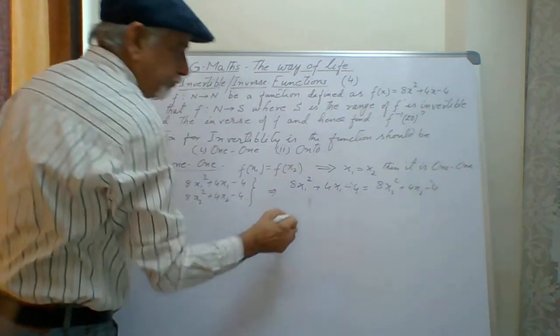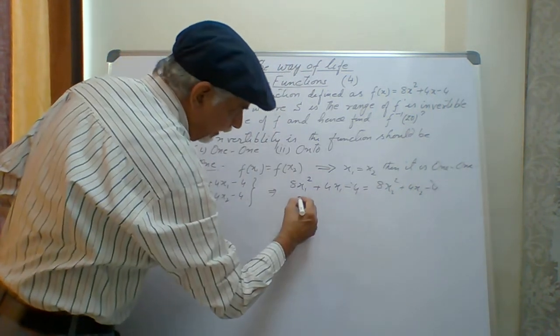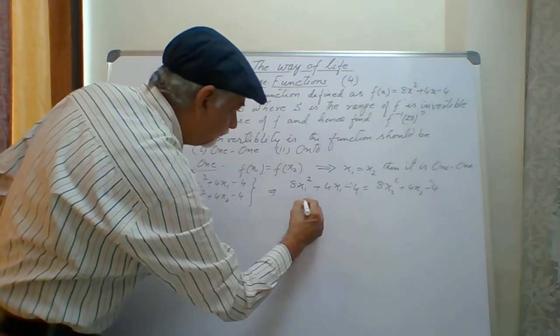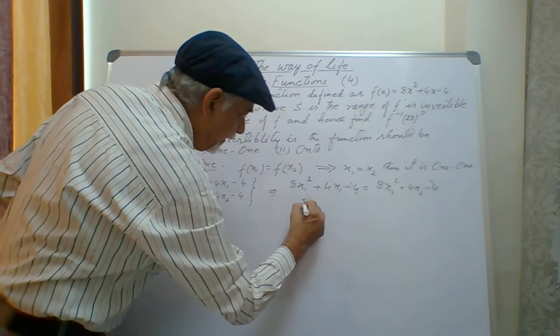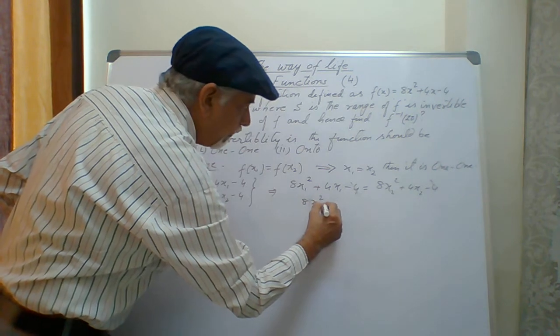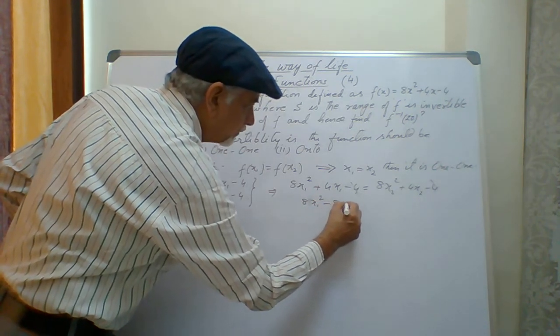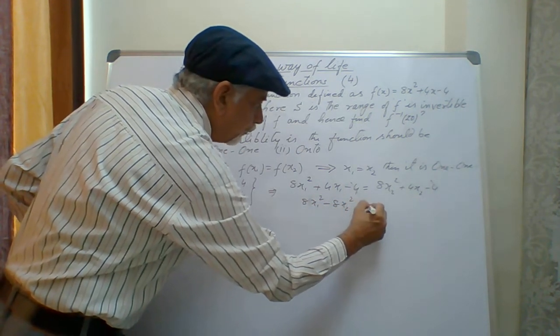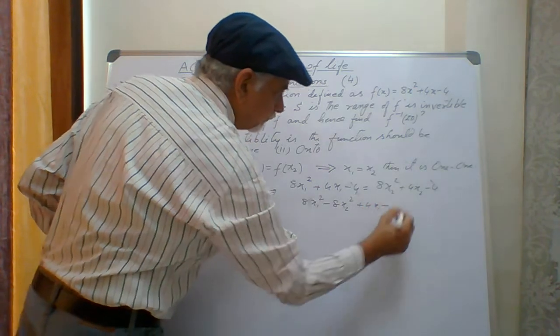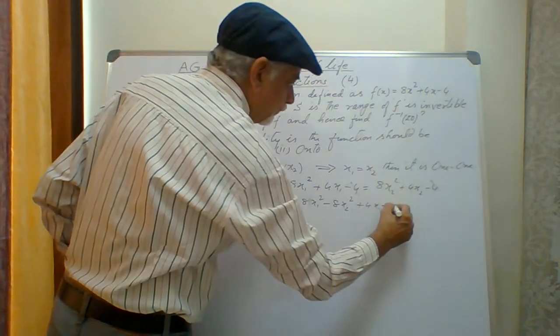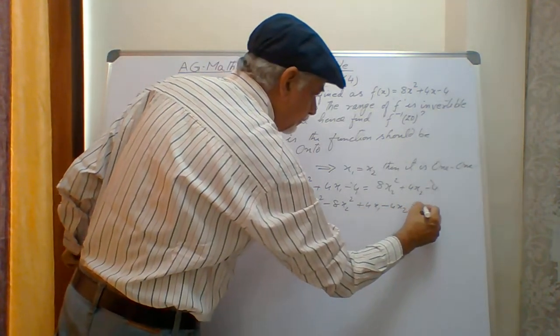We cancel the 4 and then take everything on one side: 8x1 square minus 8x2 square plus 4x1 minus 4x2 is equal to 0.